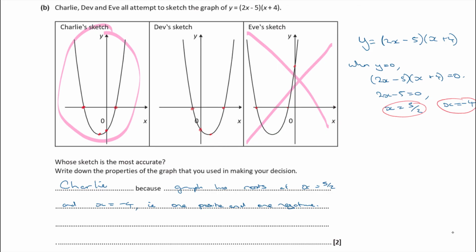Further, the positive root is closer to the y-axis as 2.5 minus 0 is 2.5, compared to 0 minus minus 4, which is 4.